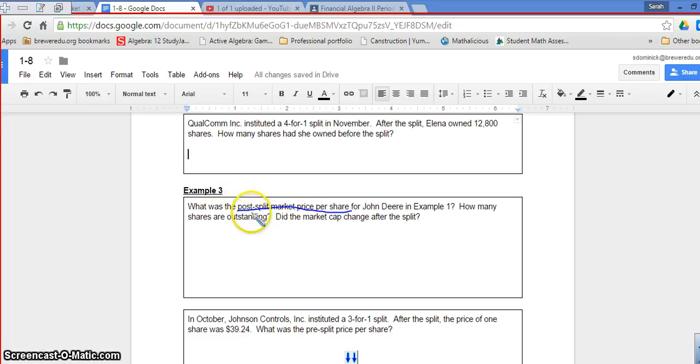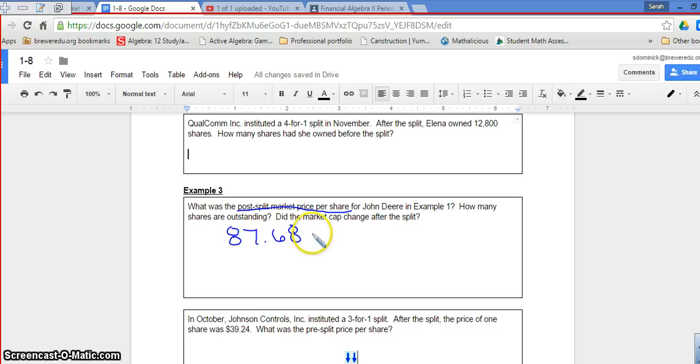So they're asking, what was the post-split market price per share? If I'm going to do price per share and it's after the split, do you agree that my price would be less than it was before the split? If this is a traditional split, right? They're splitting the stocks in half for John Deere. It's a 2-for-1. So before the split, the price was, and let me just go back and look in example 1, $87.68.